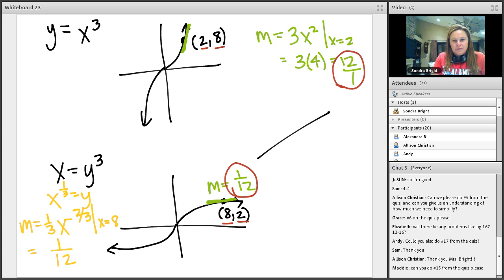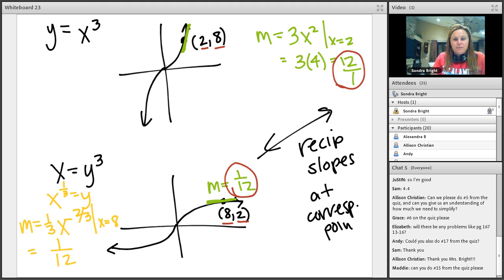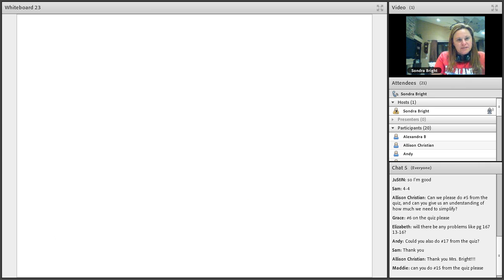The slopes, or the derivatives, are reciprocals at corresponding points. And corresponding points are, look, when x is 2 here and y is 8 here, then your x is 8 on the inverse and y is 2. They're flip-flopped. Okay, so here's the process I do for this.